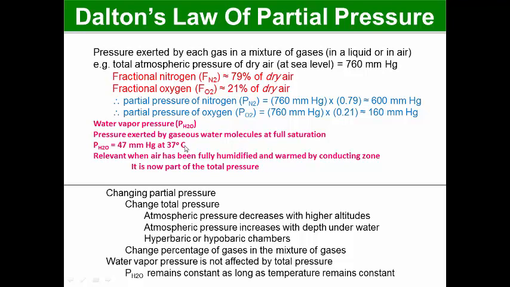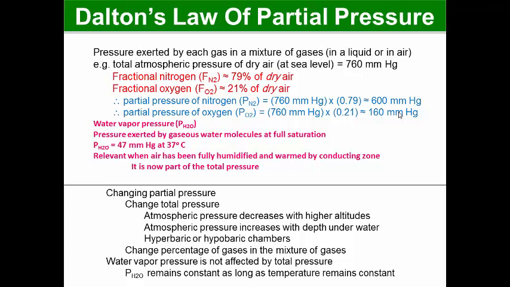So now, the partial pressure of water vapor is part of the total pressure. If we live in Riyadh or in Qasim, we inspire dry air, where the partial pressure of oxygen is 160 millimeters of mercury. However, this dry air is irritant to the alveoli.